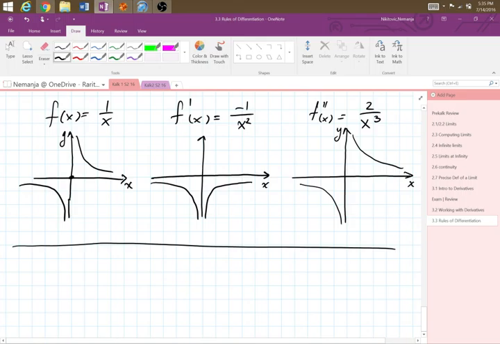Well, we're done with this. That's 3.3 with basic rules. They're listed on the board. For the higher order derivatives, you just keep taking derivatives from the previous step. And the next section is the one that deals with the product rule and the quotient rule.